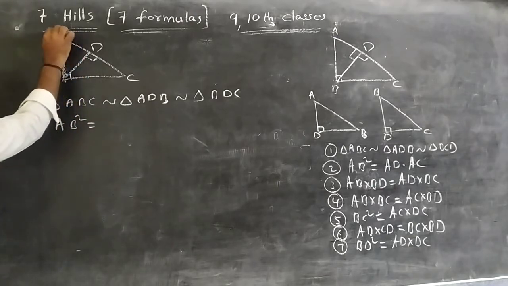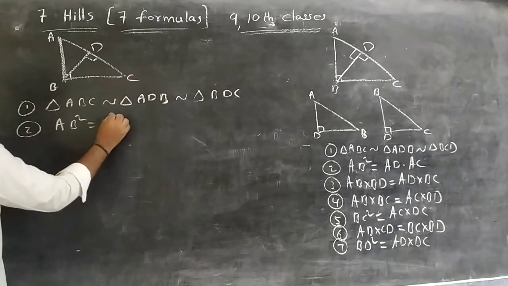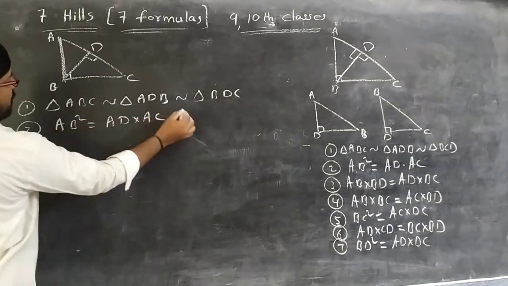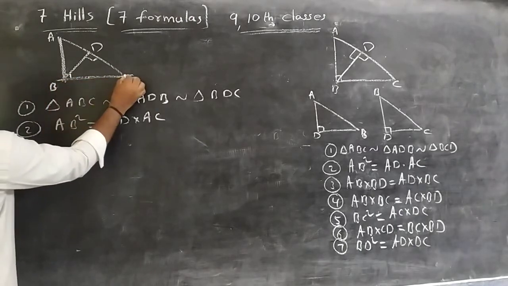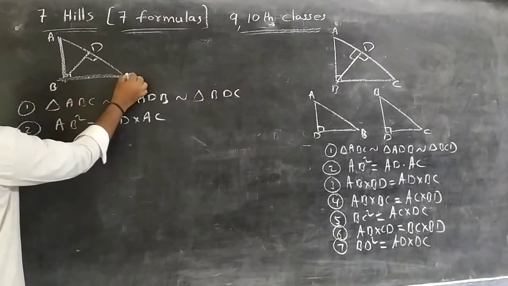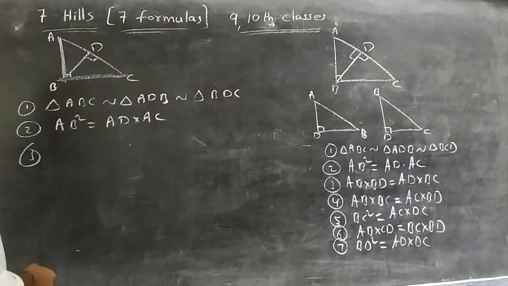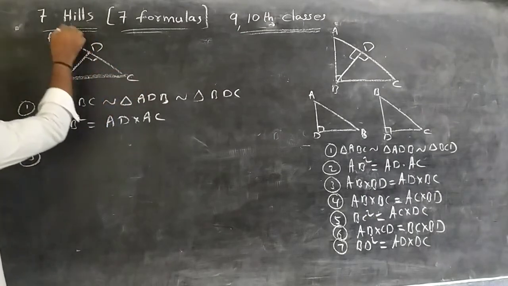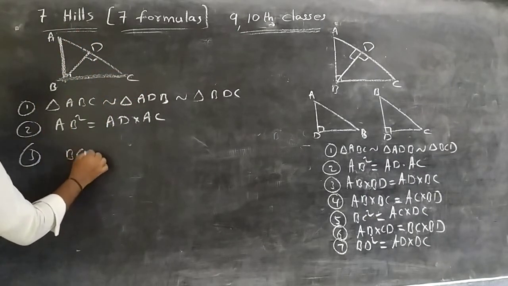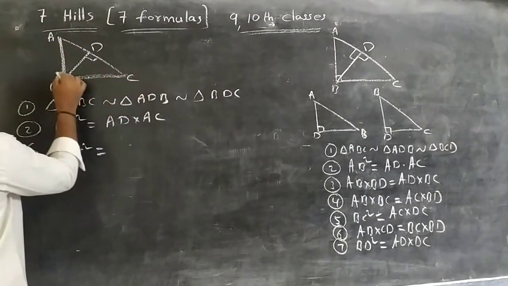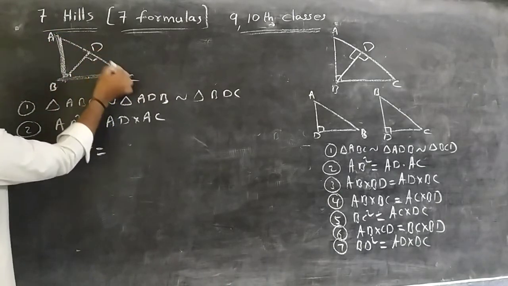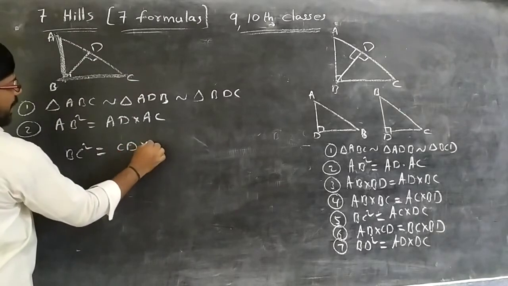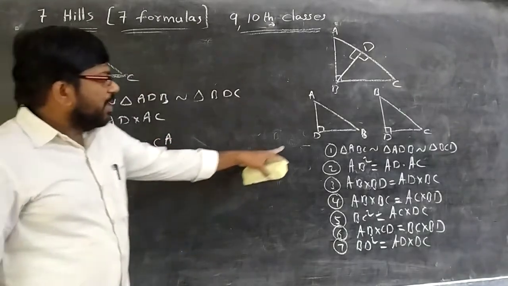Next, the other perpendicular side, BC square is equal to AC into DC, or CD into CA. The same, but the numbers are different.